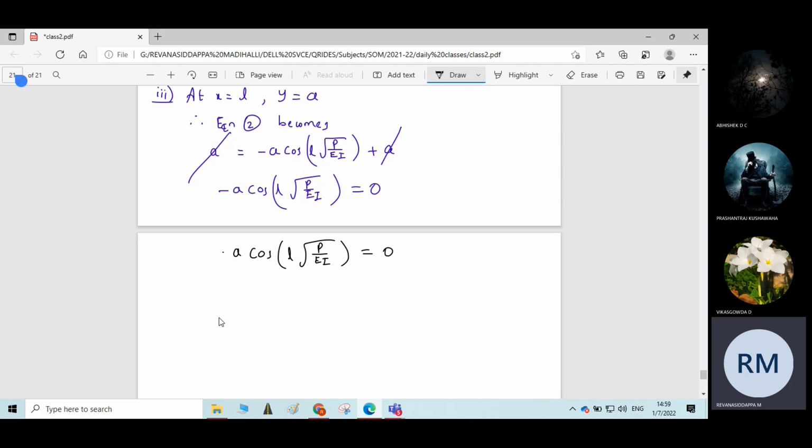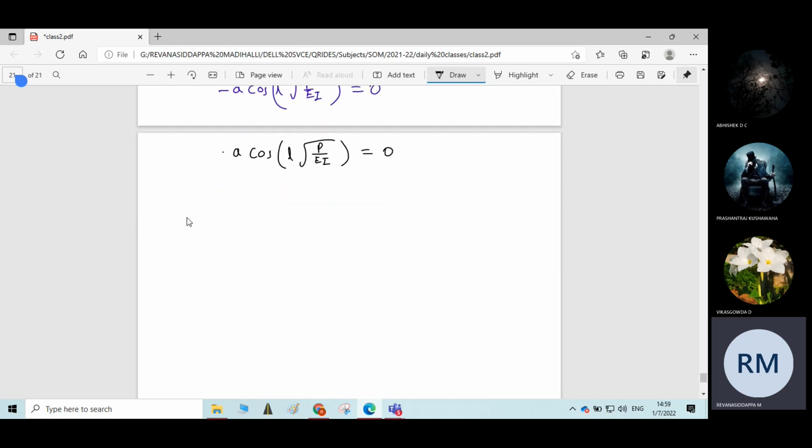So from the above equation, either A is equal to 0 or cos L root of P by EI is equal to 0.